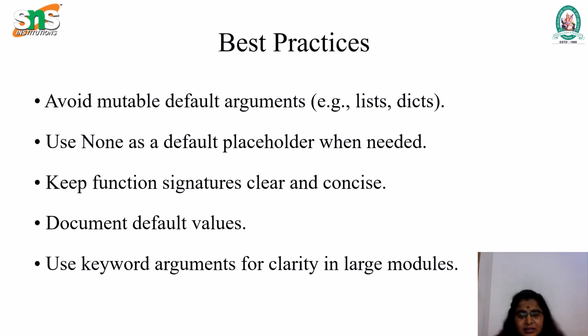Coming to the best practices: avoid mutable default arguments like lists and dictionaries; we can use default arguments like tuples, sets, etc. Use None as a default placeholder when needed. Keep function signatures clean and concise.